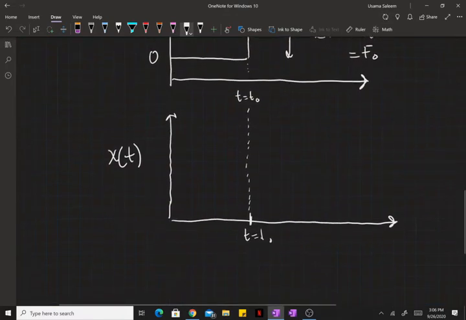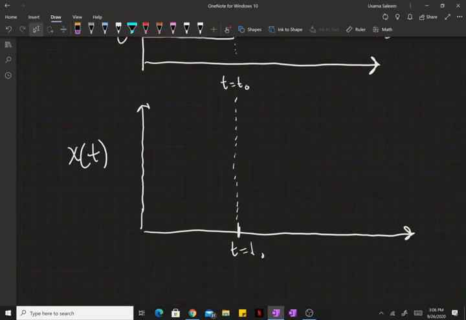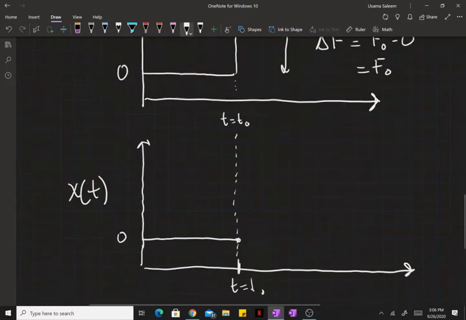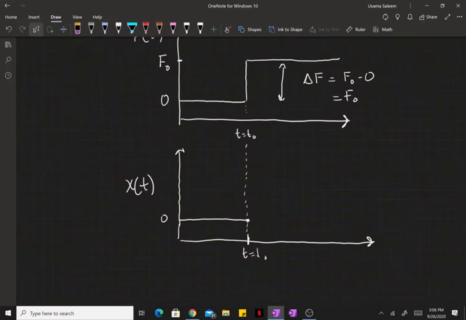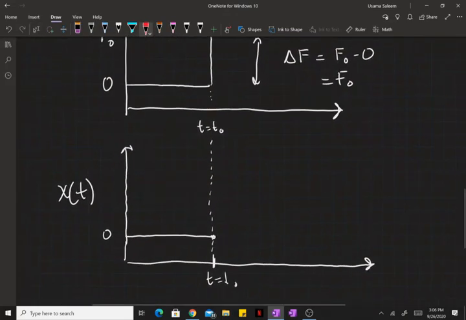So once again, the object was initially at its mean position 0, and then at t equals t naught we had our disturbance. And since this is going to be a higher order response, we can have three possible curves. We can have something like this.